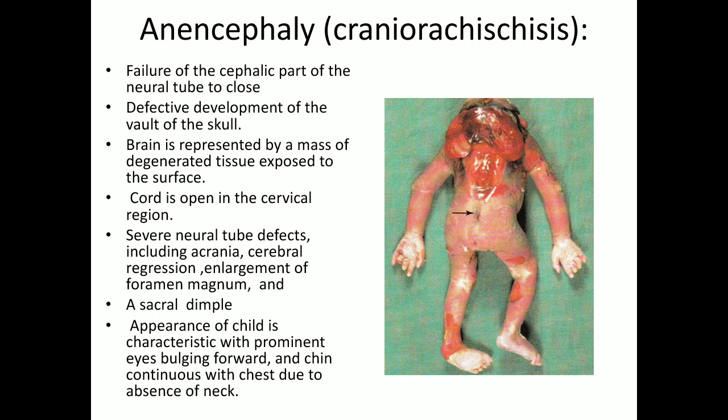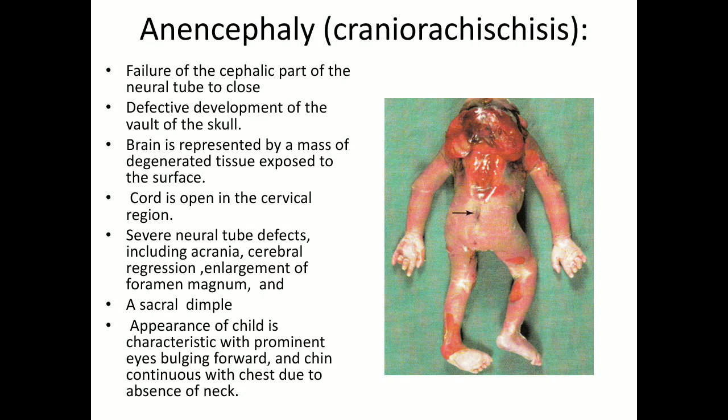In this condition, there will be defective development of the vault of the skull, so the brain is not covered, and it is represented by a mass of degenerated tissue exposed on the surface. The spinal cord is open in the cranial region.